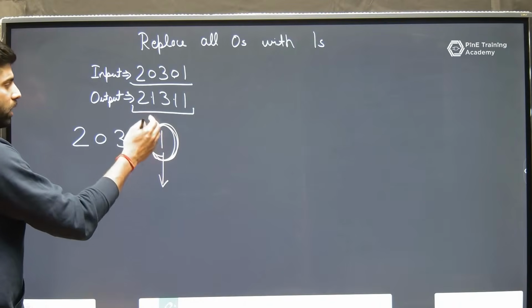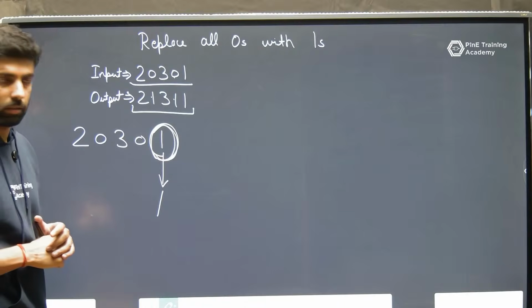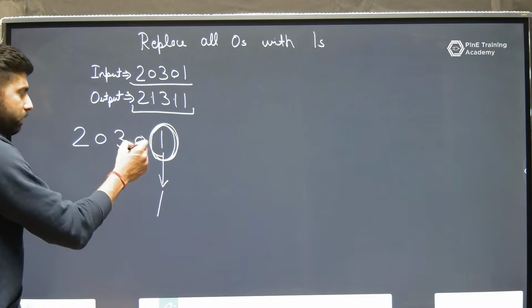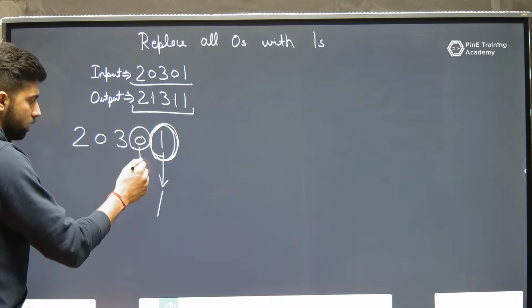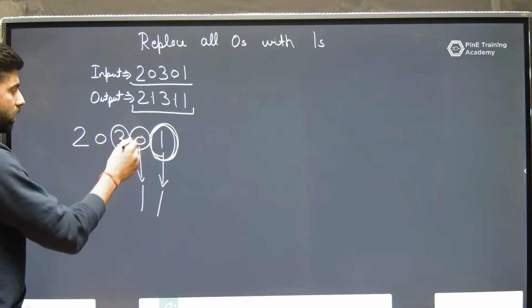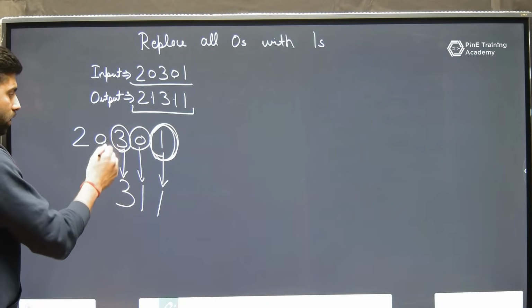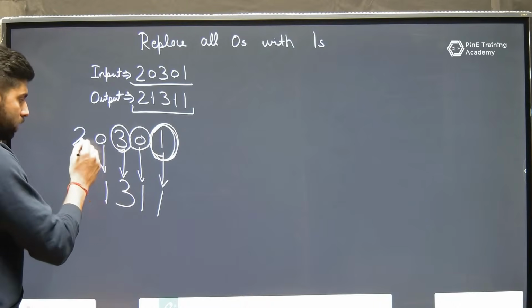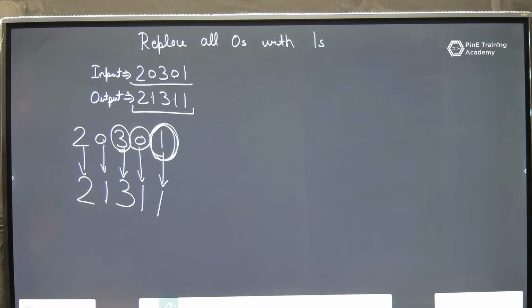If this particular digit is not 0, then we can directly use it here. And if this particular digit is 0, then we will replace it with 1. If this is not 0, we will write exactly that.